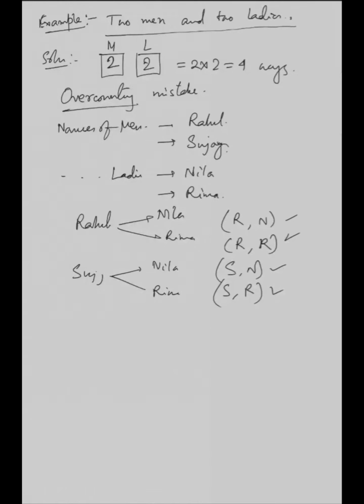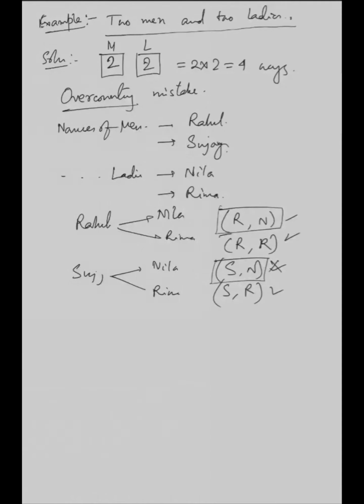But these four possibilities actually don't all come, because if Rahul is married to Neela, then Sujoy cannot marry Neela, because Neela is already married to Rahul. So this option won't come.